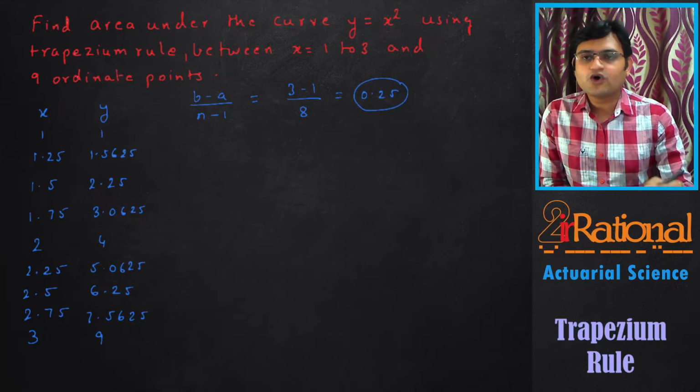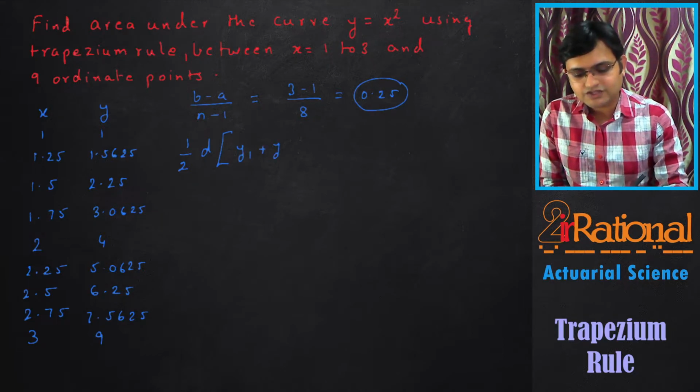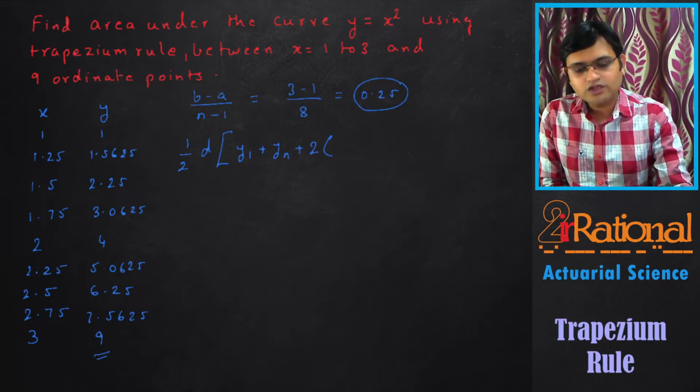So according to the formula, you can write it in two ways. You can say it is half of d times (y1 plus the last one, I will write it as yn right now, plus 2 times all the in-between y's, so whatever y2 to yn−1).